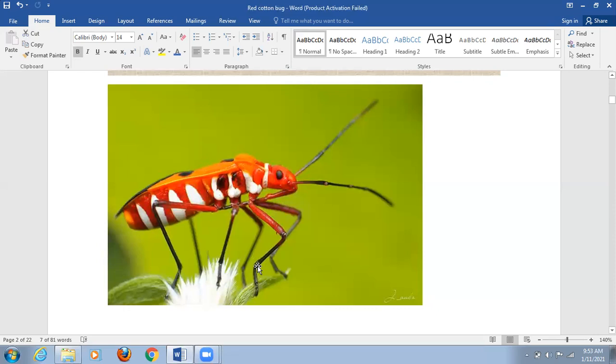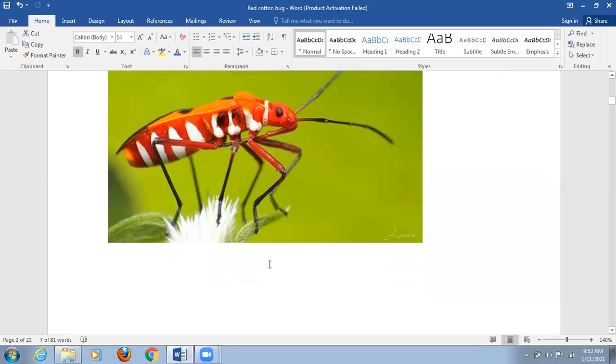cotton stainer. Now, when we look at the host plants of this insect, then cotton, bhendi, ambadi, and several other malvaceous plants are the host plants. Malvaceous means those which come from the mallow family of plants.